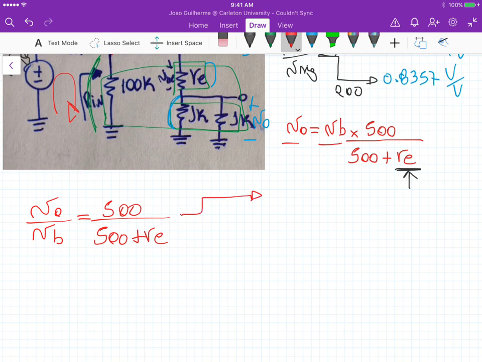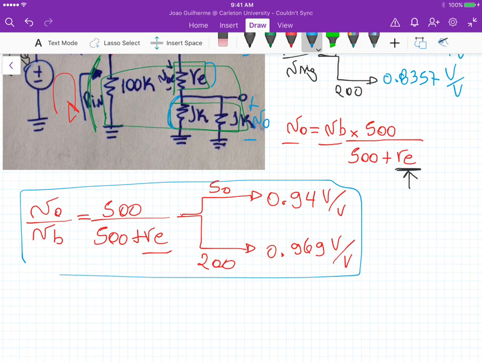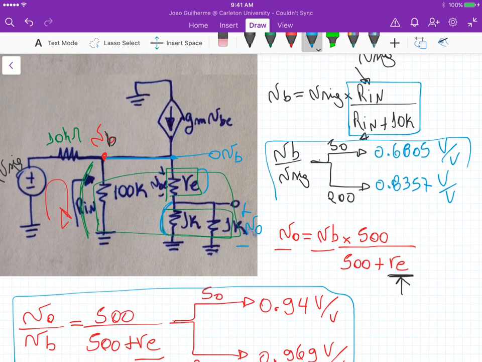And this gives us two answers, one for 50, one for 200. Now if RE is 32.05 for beta equals 50, we get V out over VB equal to 0.94 volt per volt. And for 200, which is RE equals 16.23 ohms, that's equal to 0.969 volt per volt. Okay, so that's V out over VB, and that's VB over V signal.